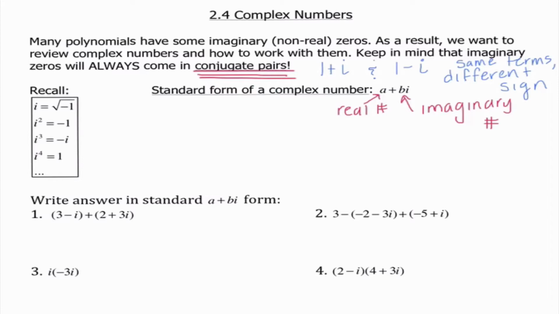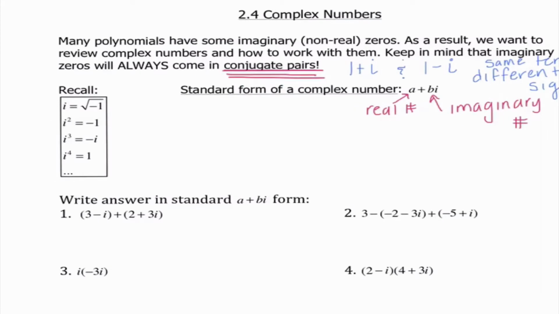The other thing that I just quickly want to review is this chart that we can see on the left of your handout. This chart, which I'm just going to circle right now, is just a reminder of what imaginary values actually are. Remember that i represents the square root of -1. Back in Algebra 2, you guys had to memorize all of these, and we dealt with them a lot.